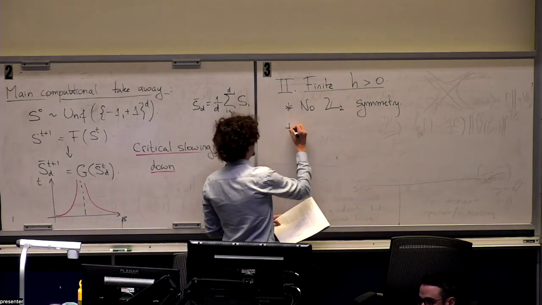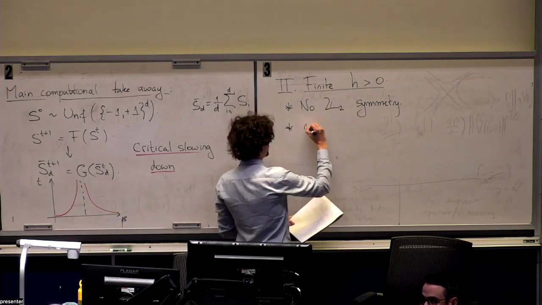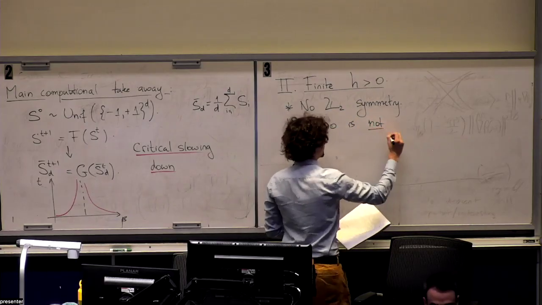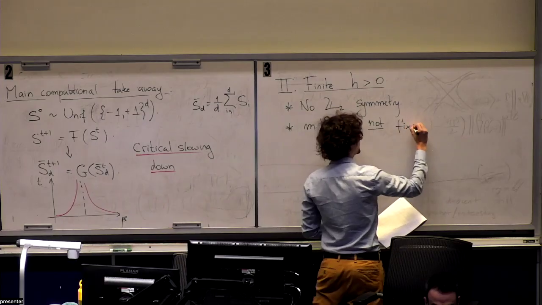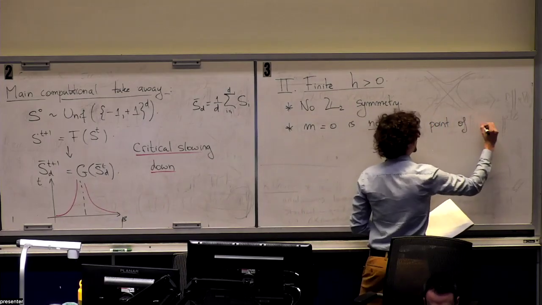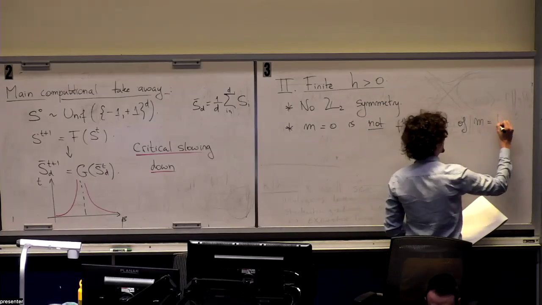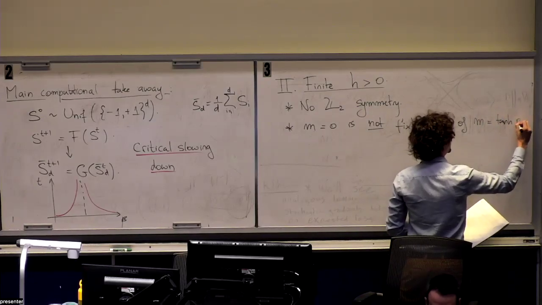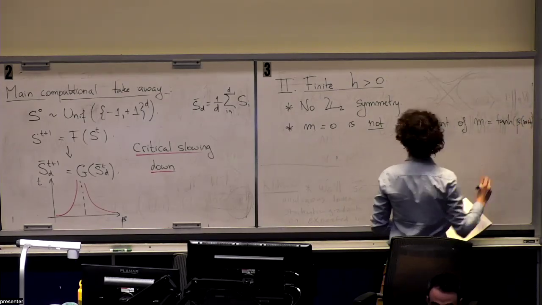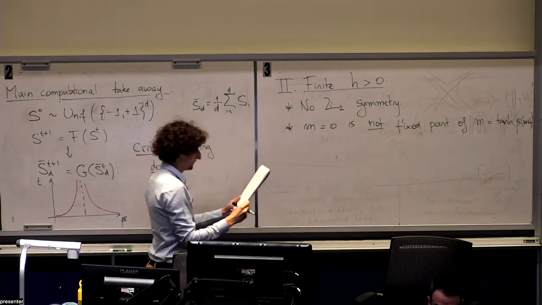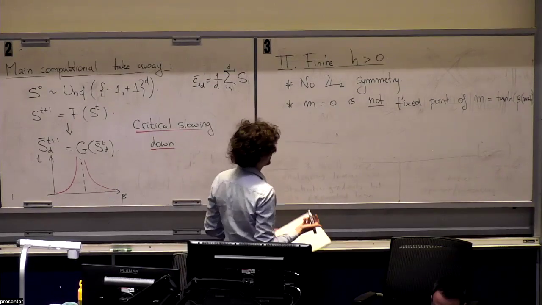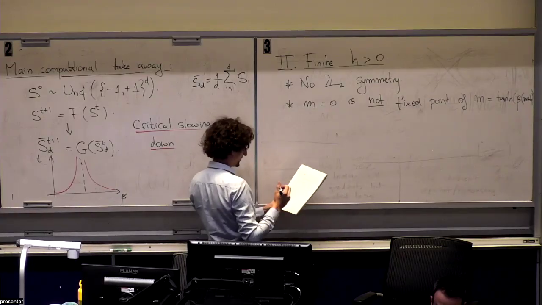And in particular, m equals 0 is not a fixed point of m equals tanh(beta m plus h). Okay. Again, let's take a look at the limits so that this simplifies our life, and then we can see what happens in between.